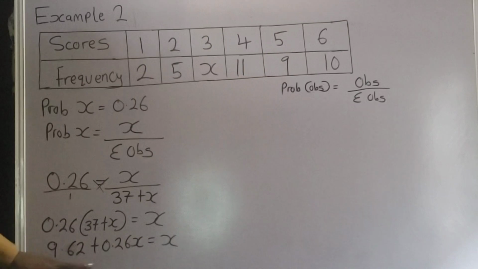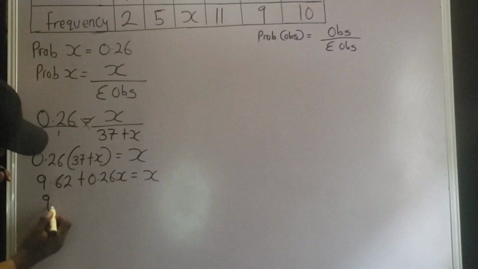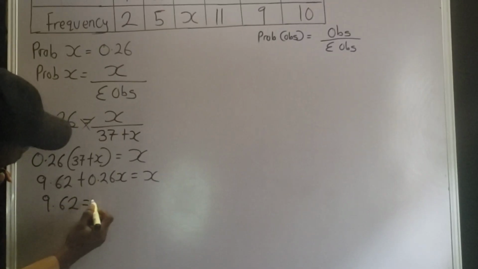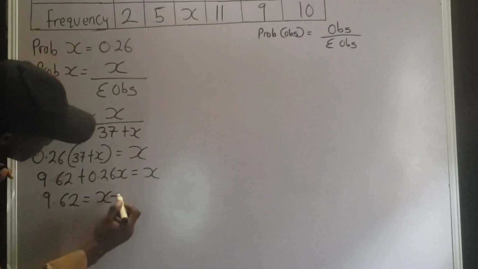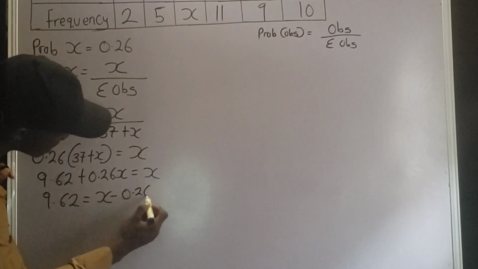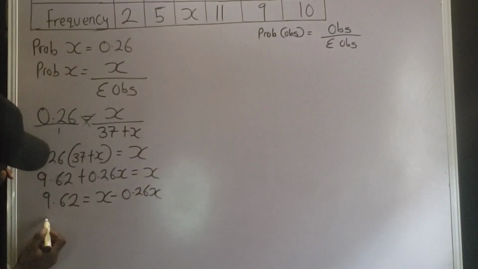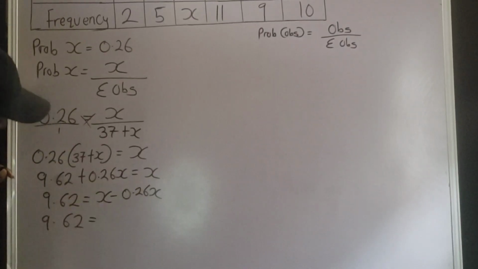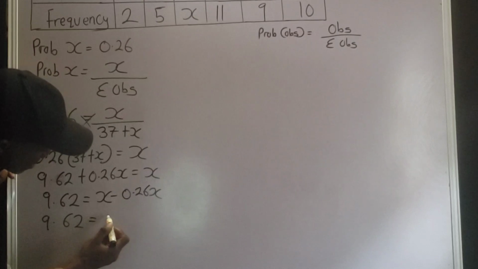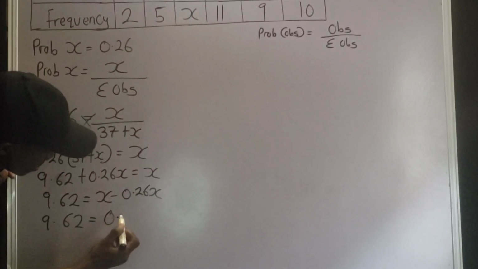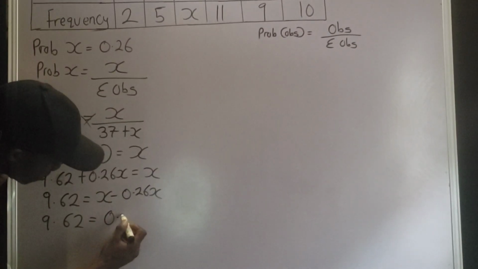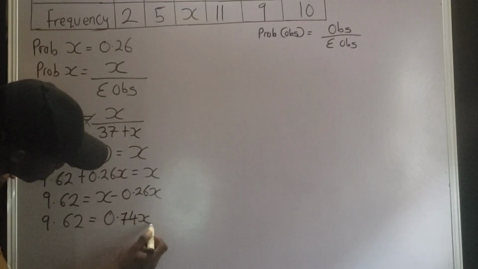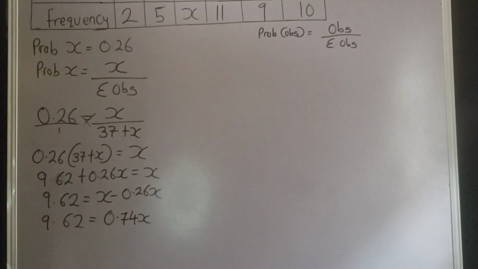Now, if I collect like terms, I'm going to have 9.62 is equal to x minus 0.26x. That is 0.74x. So the next step is that we divide both sides by 0.74.